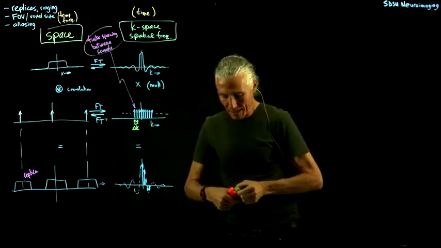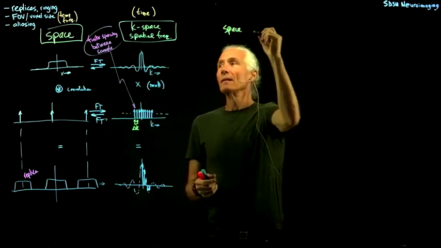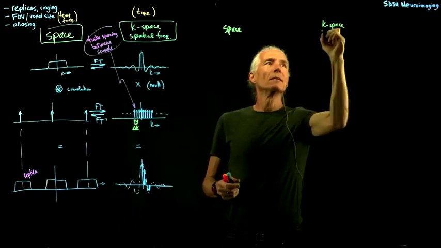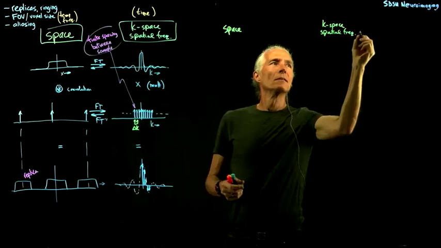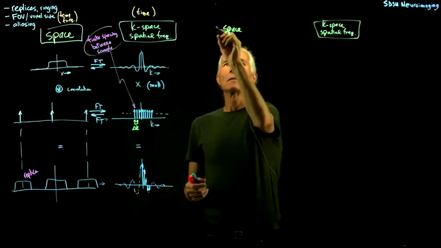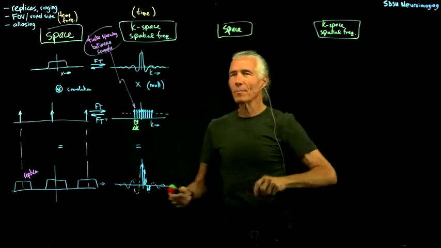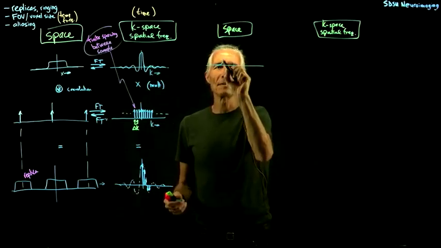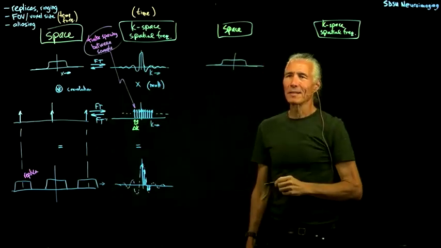So here's the space side again, and here's the k-space, spatial frequency side. Now we start off with our brain, which just looks like a rectangle function. So here's our brain, dark, brain, and then dark again.